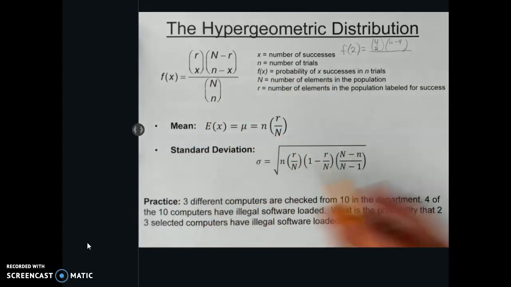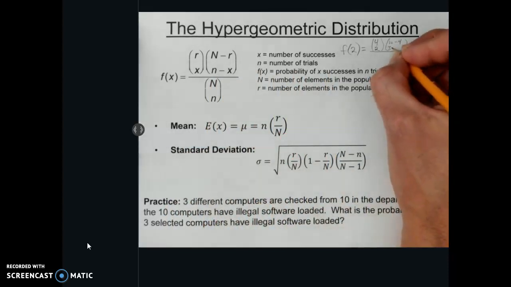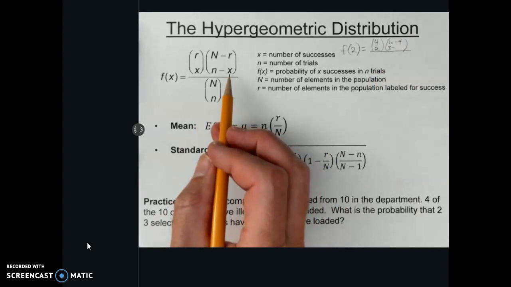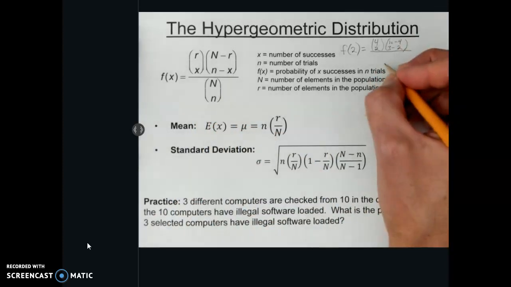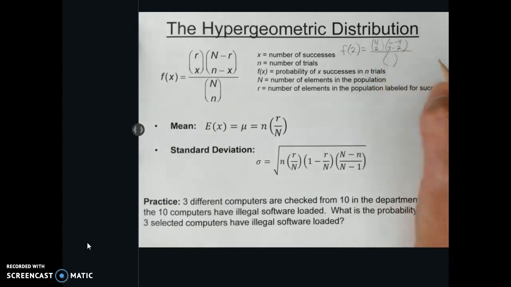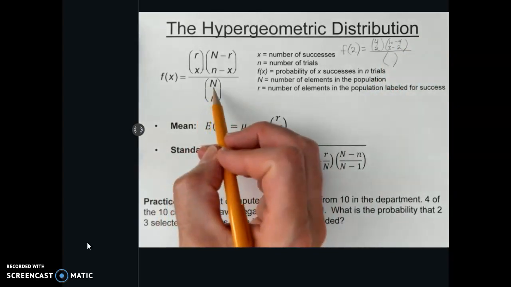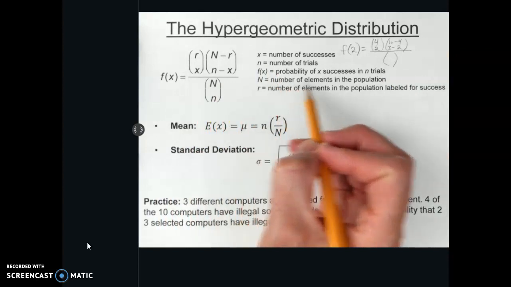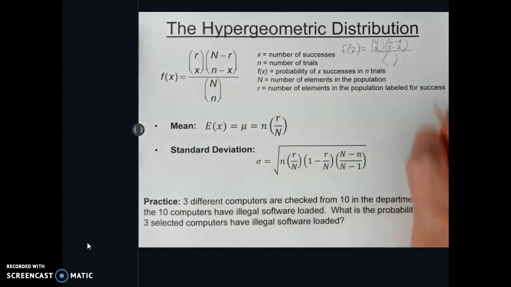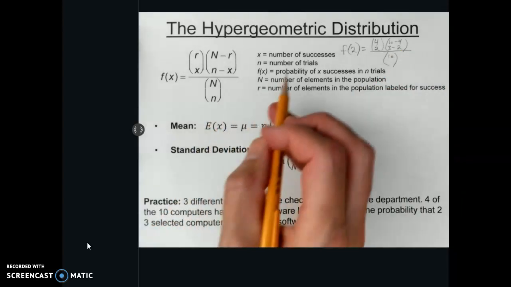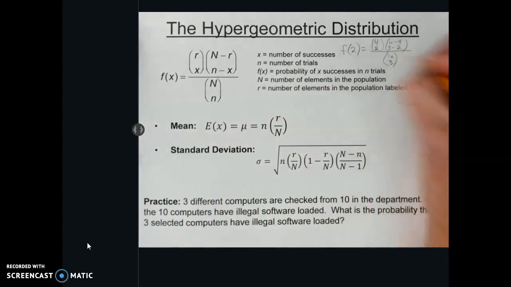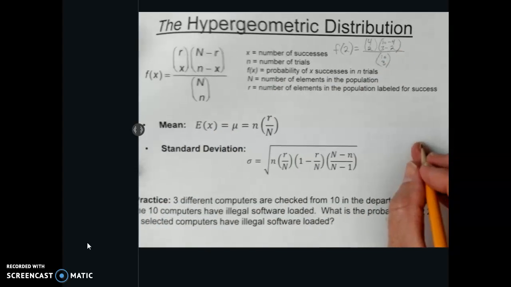We know that's 3. That's our sample. And we're going to subtract from that x, which is 2. And then our denominator is going to be the capital N, number of elements in the population, which is 10, and little n, which is the number of trials, and that is 3. So that's how we set up the formula.